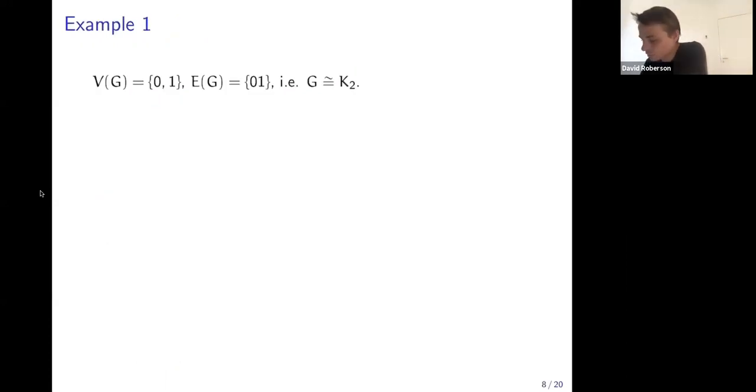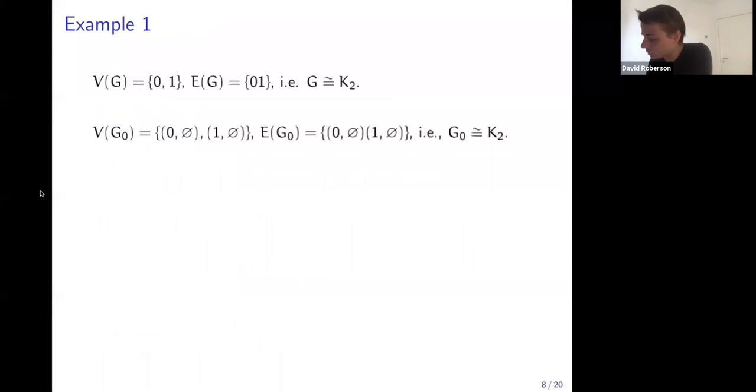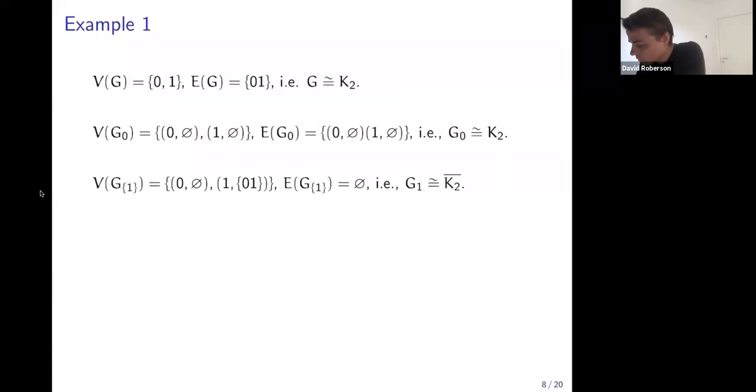Let's look at a very simple example where we just have K2. I'll go ahead and draw this up. Here we have K2, so our graph looks like this, with vertices 0 and 1. So what does G0 look like?